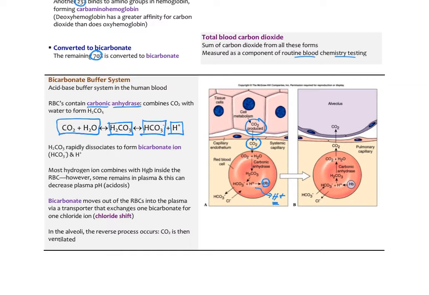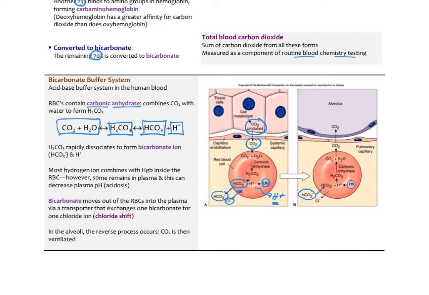Now, as the bicarbonate ion is made, it's going to come out of the red cells and go into circulation, and then chloride ions will come from circulation into the red cells, and that's called the chloride shift. Now that's going to go to the lungs, and in the lungs exactly the opposite process happens. So HCO3- goes back inside the red cells.